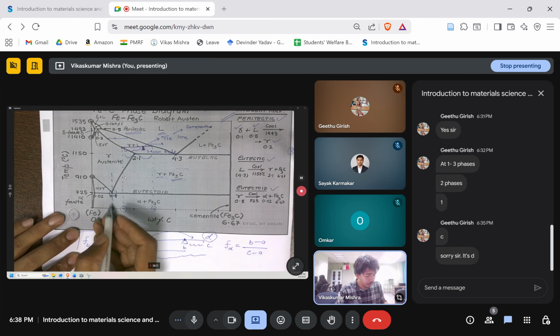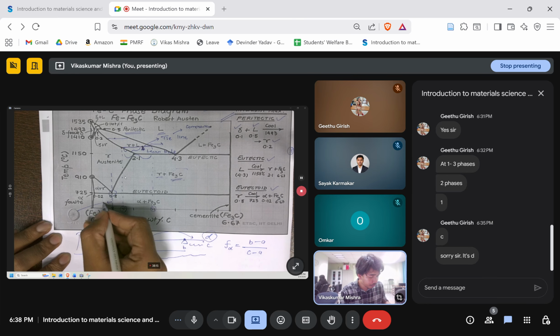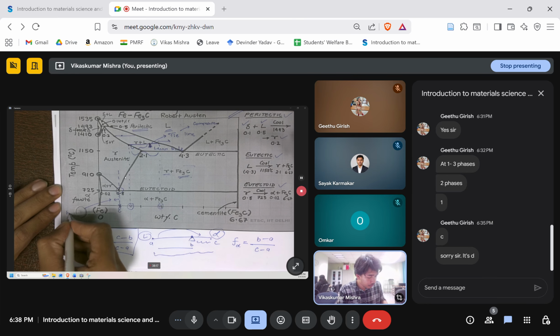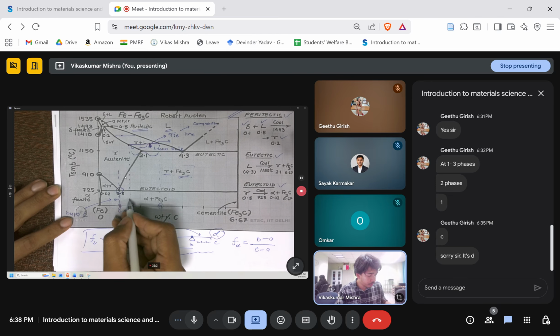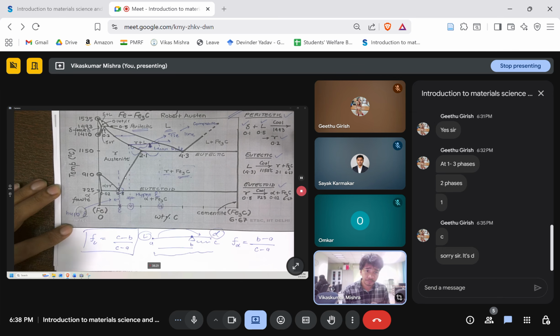Anything below this composition will be the hypoeutectoid. Anything above this composition, somewhere in this region, will be hypereutectoid steel.